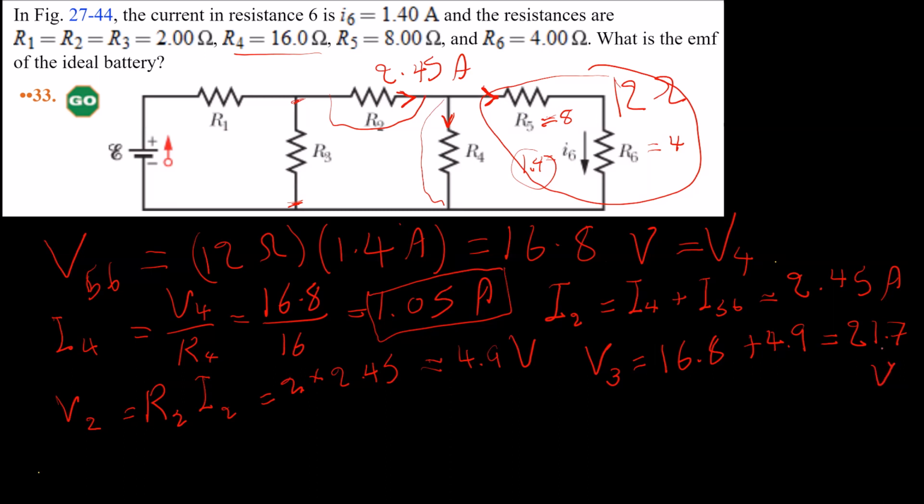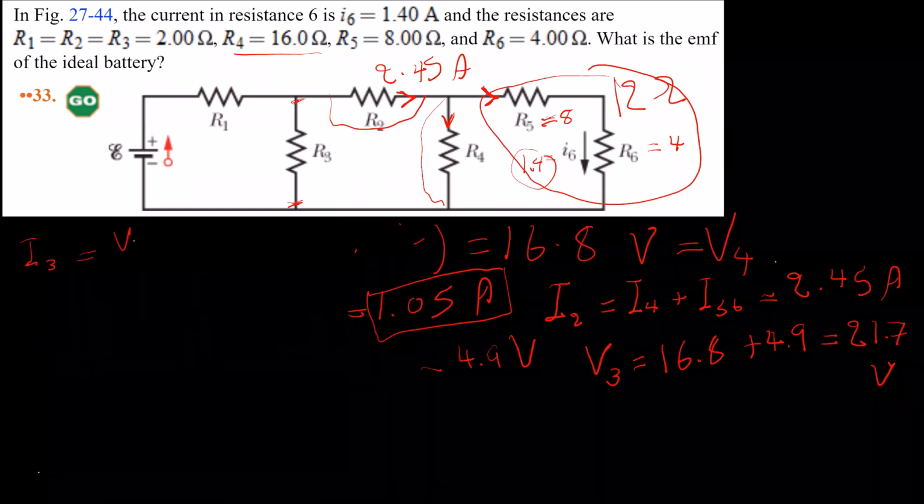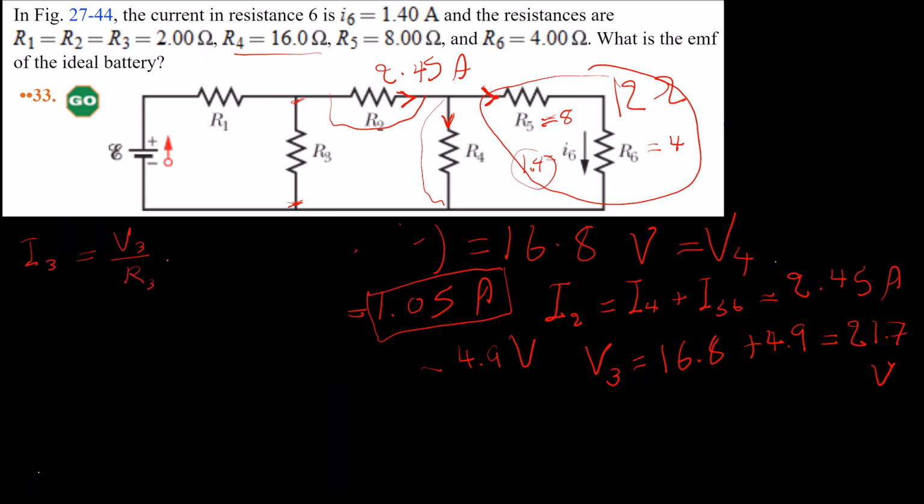That's V3. Now we can find I3. I3 is V3 over R3. R3 is 2 ohms, so it becomes 21.7 divided by 2, which is 10.85 amps. So the current through R3 is 10.85 amps.